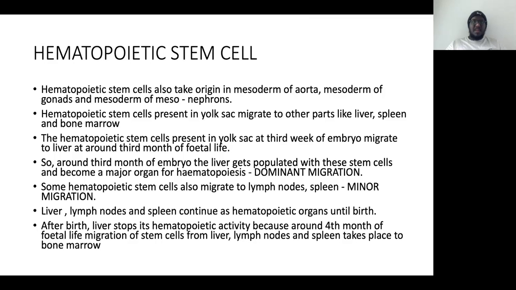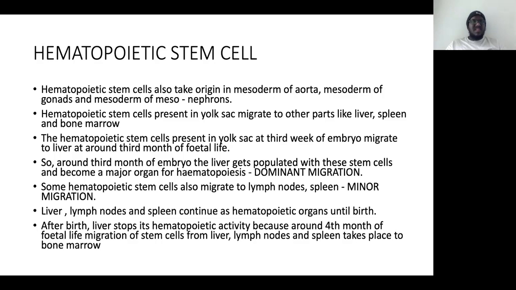So next is hematopoietic stem cells. Hematopoietic stem cells also take origin in the mesoderm of the aorta, mesoderm of gonads, and mesoderm of mesonephros. Hematopoietic stem cells present in the yolk sac migrate to other parts like liver, spleen, and bone marrow.